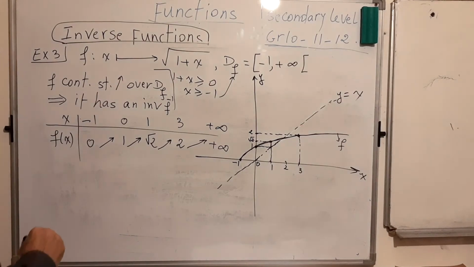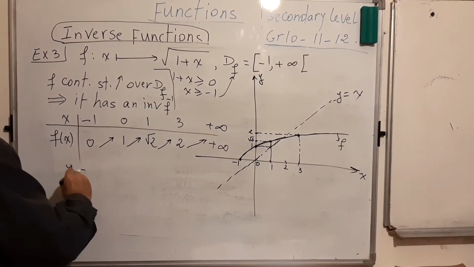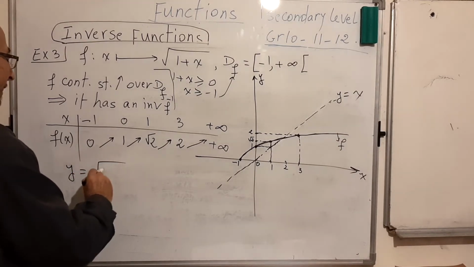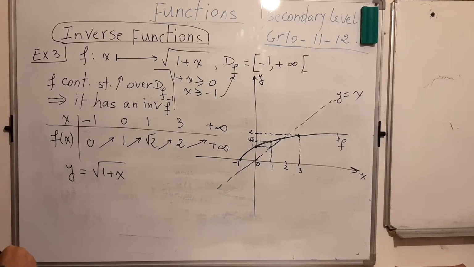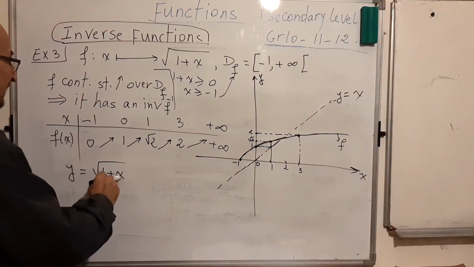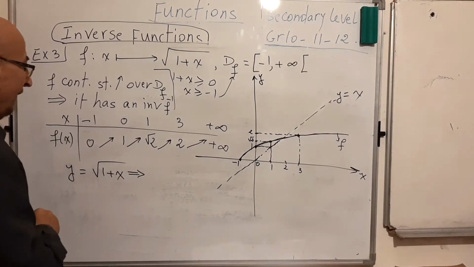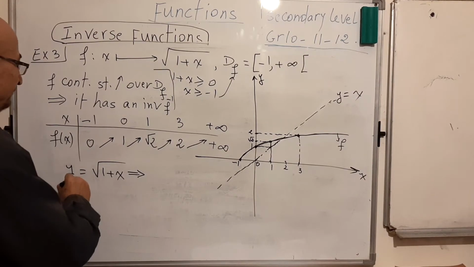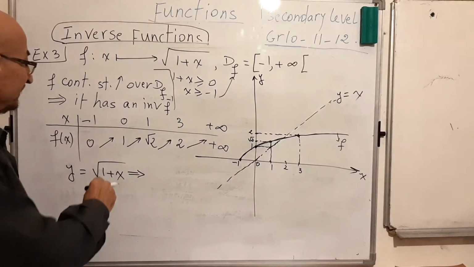We write y equal radical 1 plus x, and we calculate x in terms of y by squaring both sides.